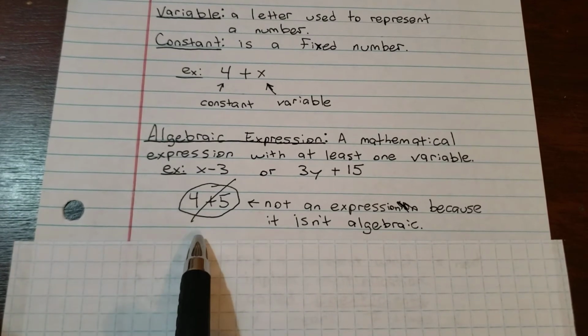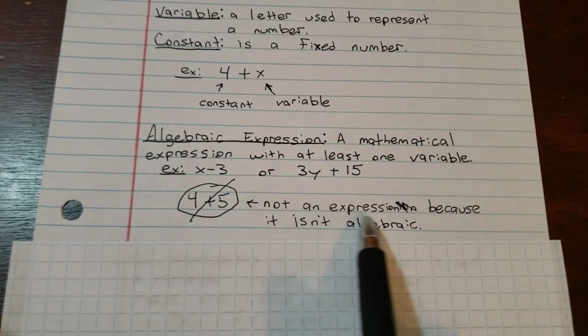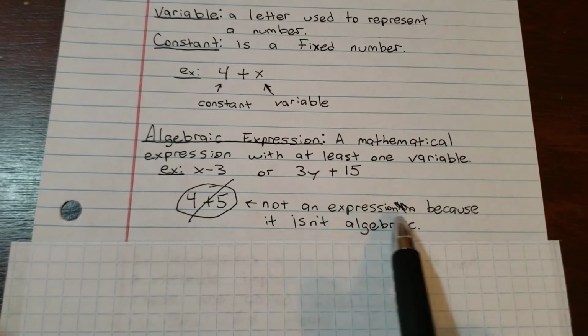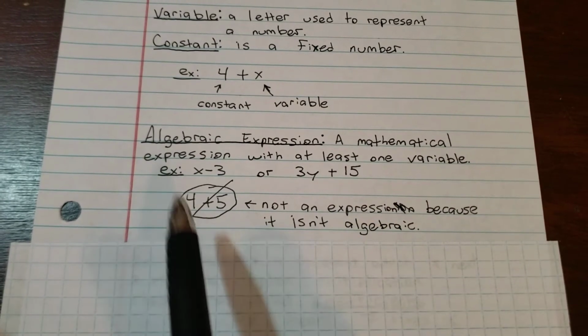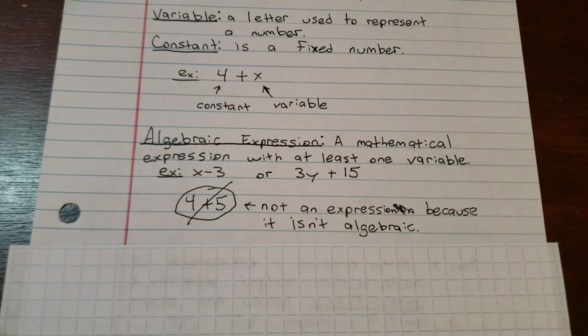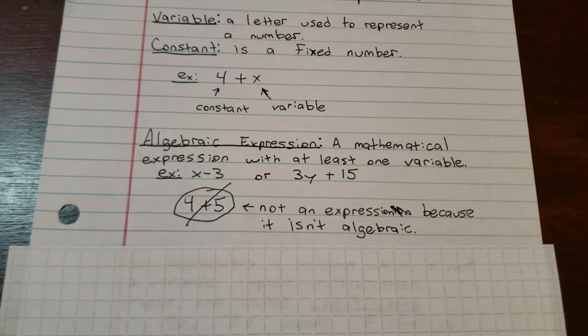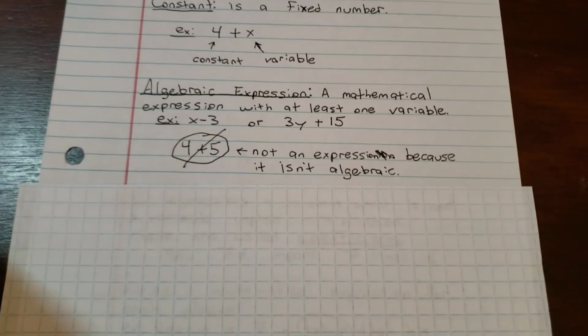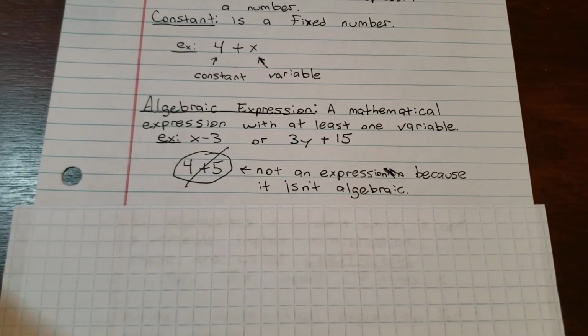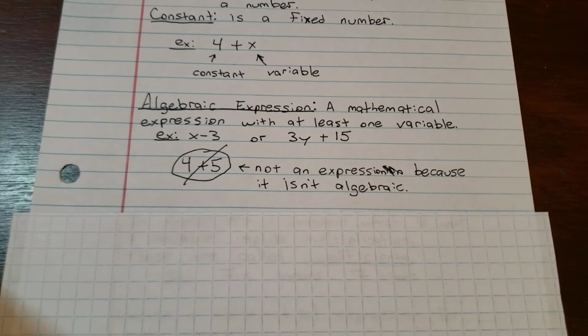Like I said earlier, 4 plus 5 is not an expression because it's not algebraic. Yeah, you could still add, but that's just addition. We don't call that an expression. We need that variable in order to make it an expression.